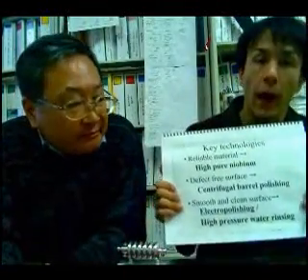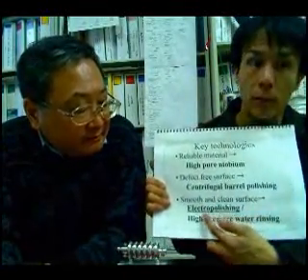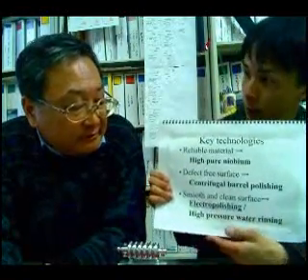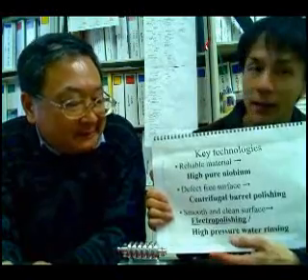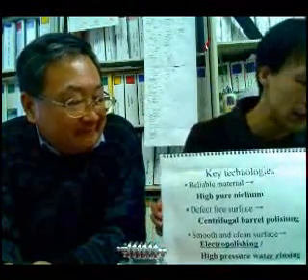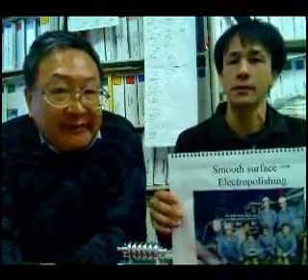I see. I heard that this electropolishing technology was developed by you when you were a postdoc. Yes. And now it's a global standard. Yes. That sounds very neat. Could you please explain more about this?